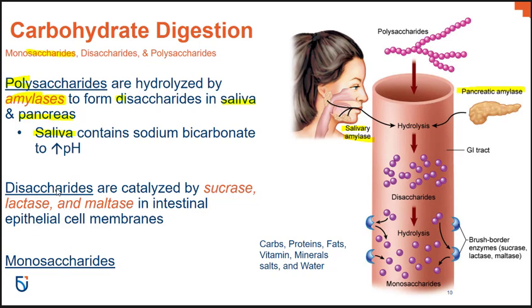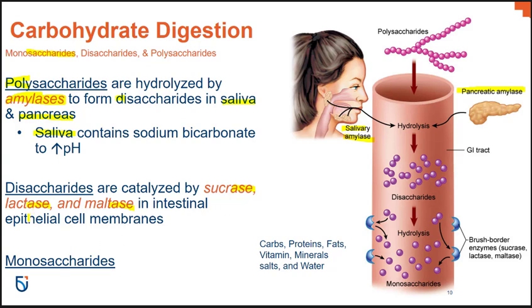Now, disaccharides have to be broken down into monosaccharides, and the specific enzymes that catalyze this reaction are sucrase, lactase, and maltase. When you see the suffix ase, we're referring to enzymes. And so it might make sense to you then that sucrase is the enzyme that breaks down sucrose.